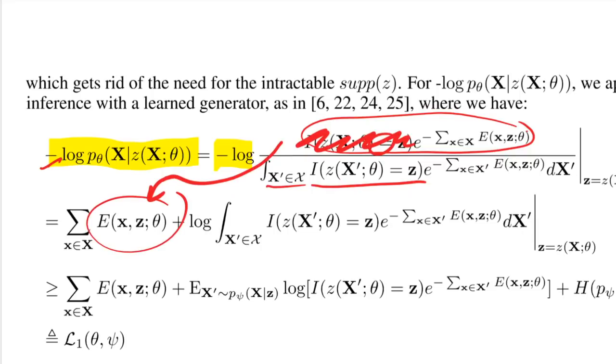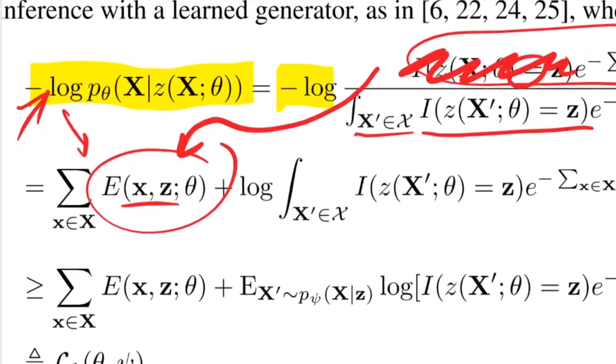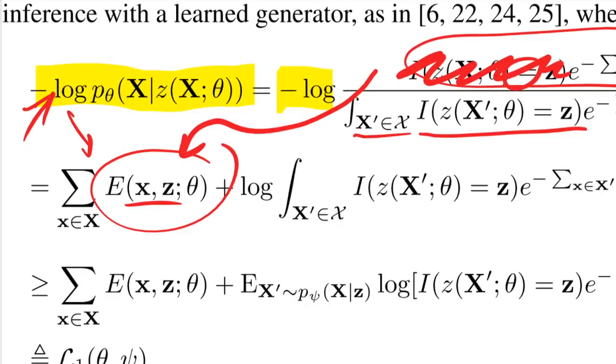What does it mean? You want to minimize this loss right here, and part of that is you want to minimize the energy function of these inputs. This is the case when x and z come from the data set and E is your discriminator. Then you want to make the output of the discriminator really small, which means you want to train the discriminator to say, I'm really, really happy that this particular image comes together with this particular identity encoding.